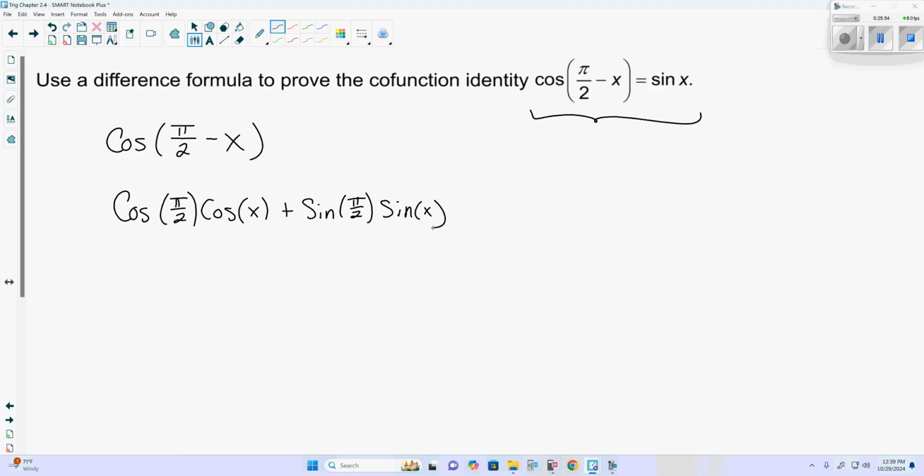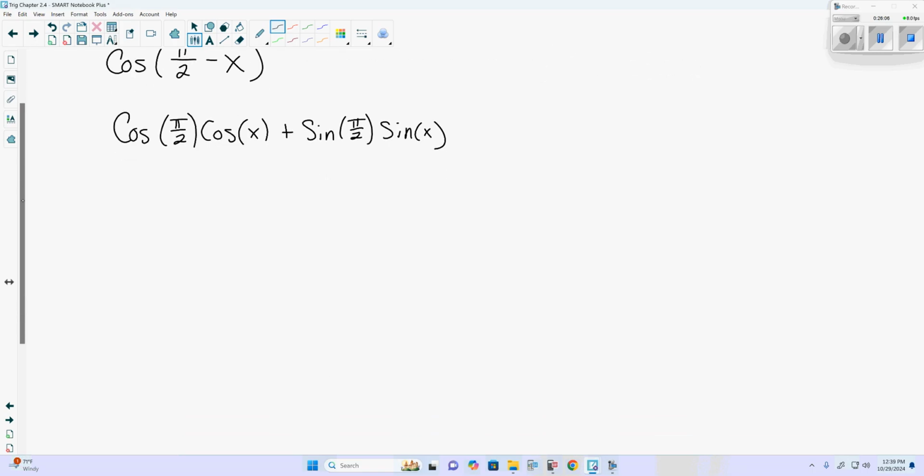Because it's our u and v. U in this case is pi over 2, v is x. Cosine of u times cosine of v plus sine of u sine of v. Now, according to the unit circle, cosine of pi over 2 is 0. So we have 0 times cosine of x plus sine of pi over 2 is 1.